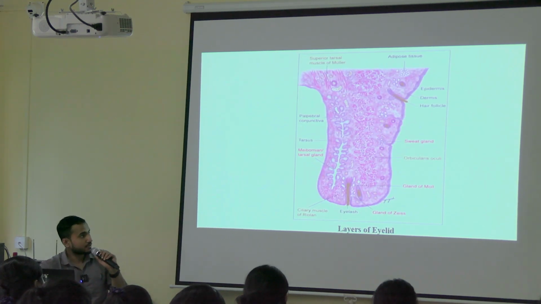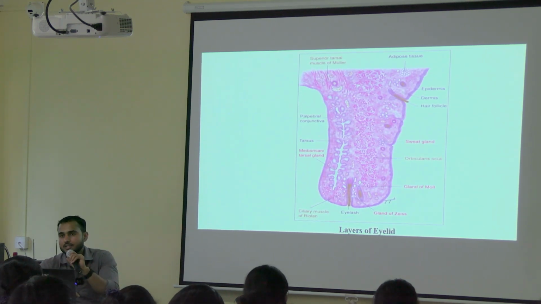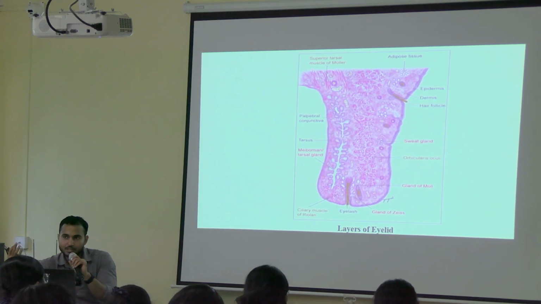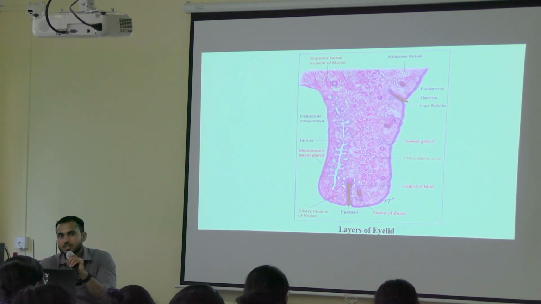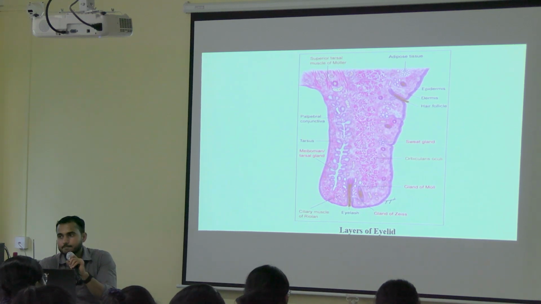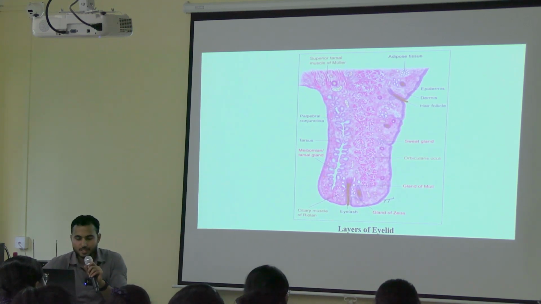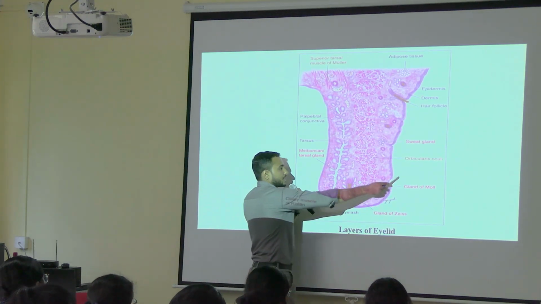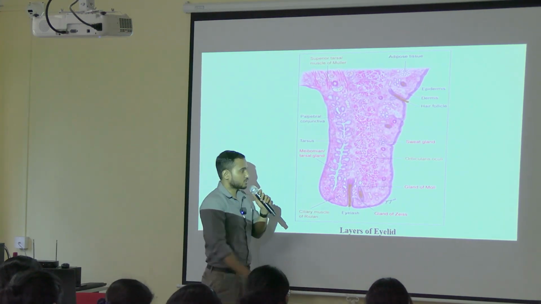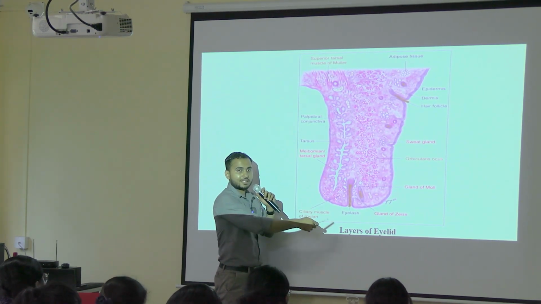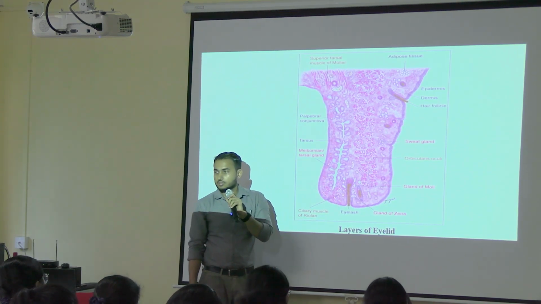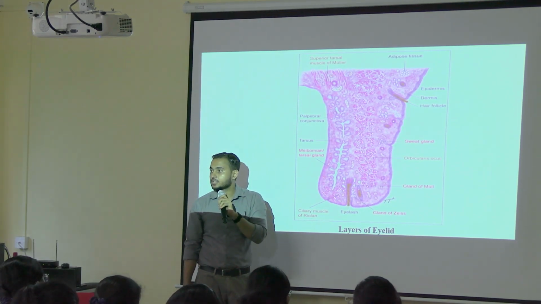Here you can see the layers of the eyelid. Which is the external layer and which is the internal layer, meaning which is the outermost layer and which is the innermost layer? Which side is innermost? This is outermost, and this is innermost. Why did you say this is the outermost layer? Because skin is present.